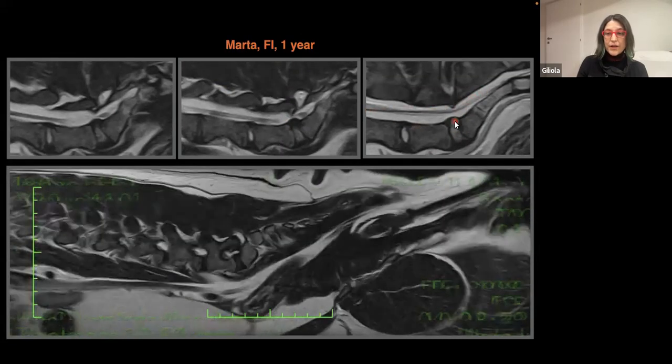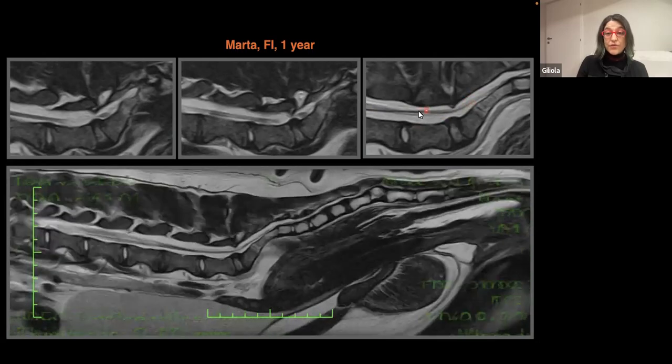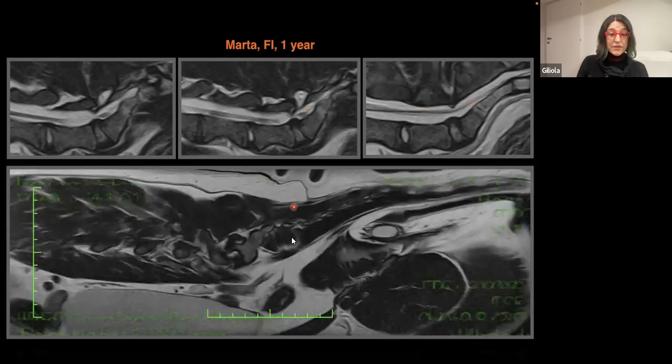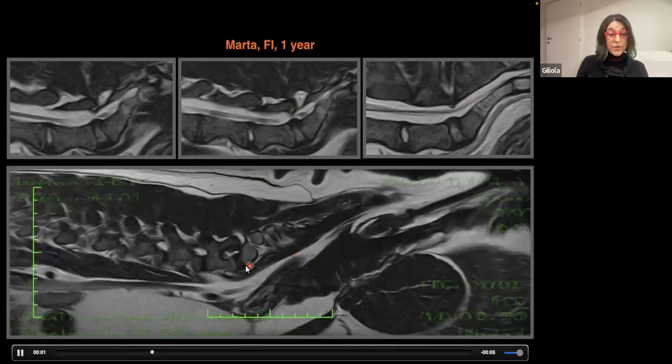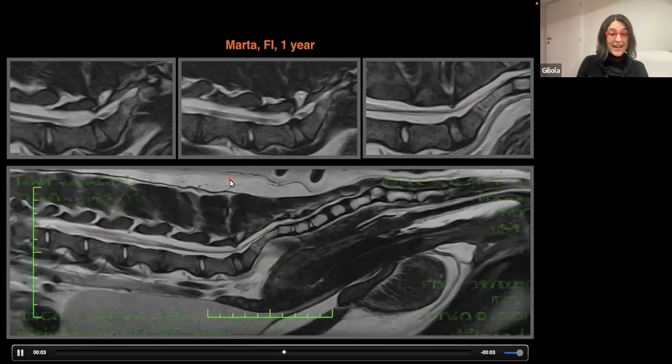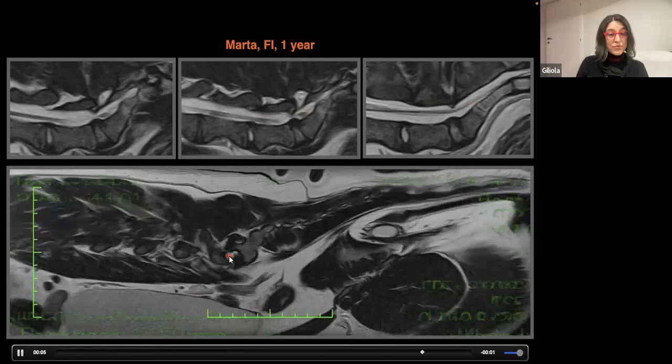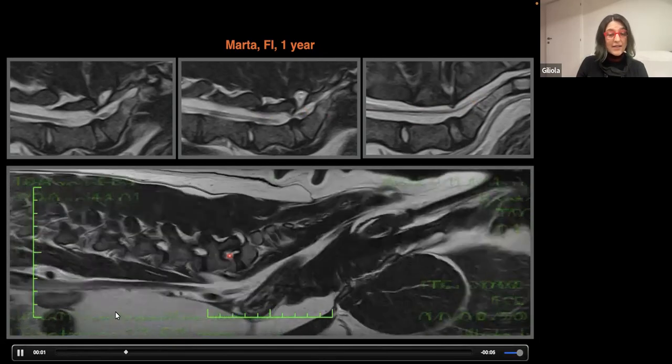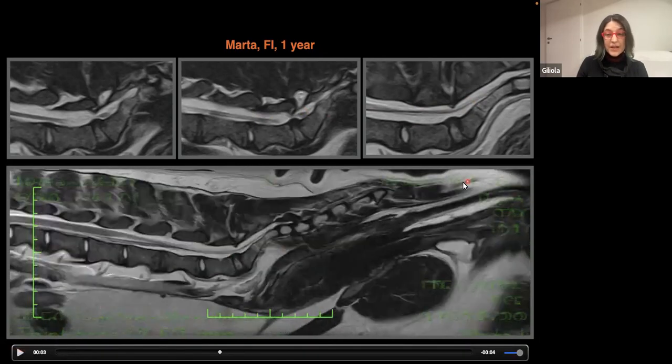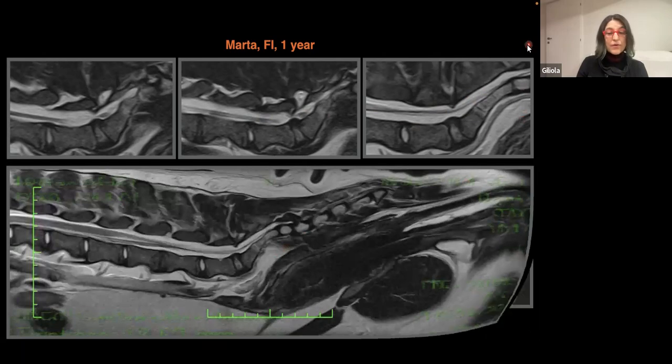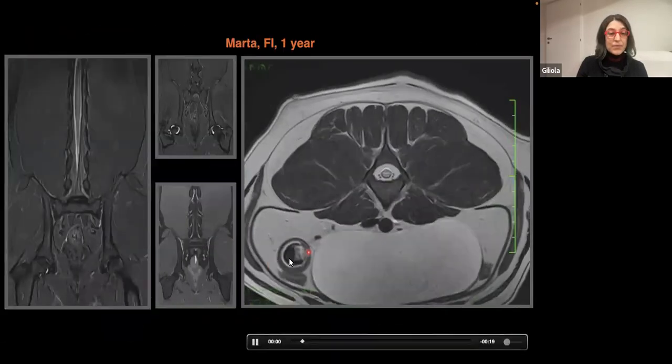That is a little bit compressed, but the nerves are nice and fine. So the changes are worrisome because she's like 1 year now, but they are not enough to explain why this dog has such a problem. And this is when she came for an ultrasound to understand what was happening.